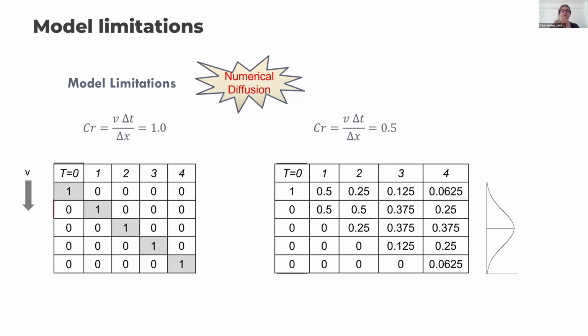It's due to the incompatibility between the movement of the fluid and the space discretization of our cells, okay? And this is impossible to solve. All models have this. The good thing is that in nature, we really have real diffusion, and usually the numerical diffusion is smaller than the real diffusion. So all the models will need to have diffusion because the real flow has diffusion.